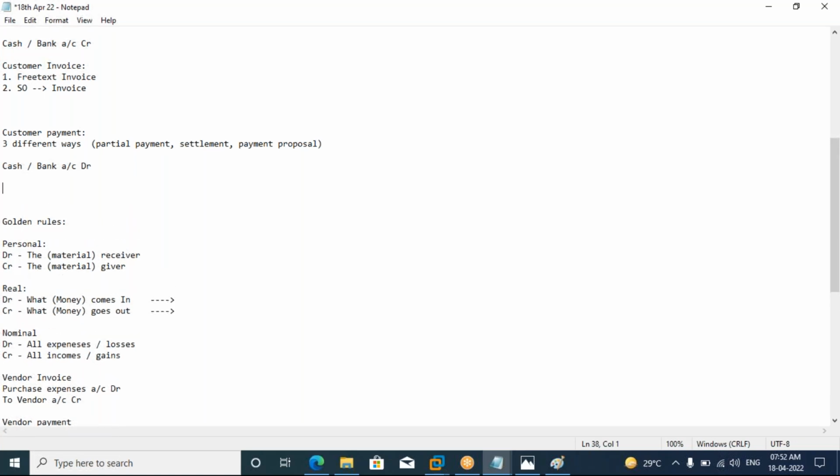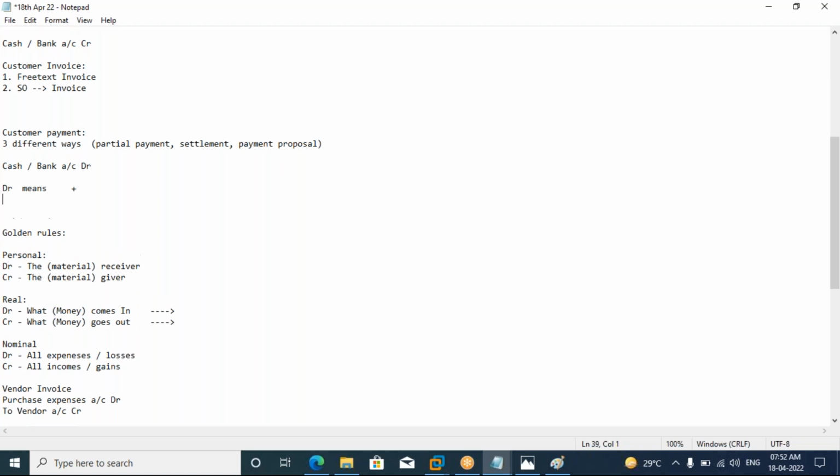So remember, debit means positive. Debit means positive for science graduates. Credit means negative. So this is fine.